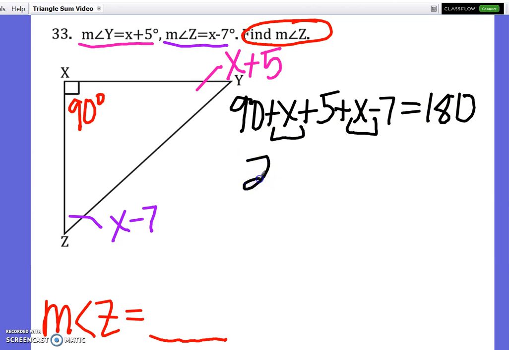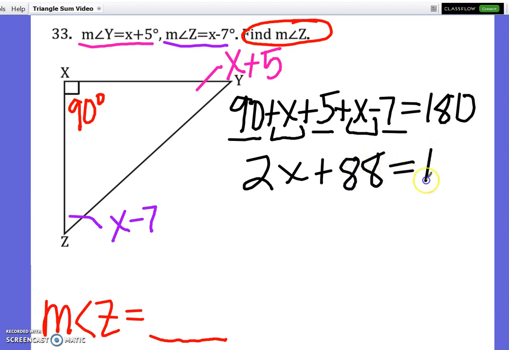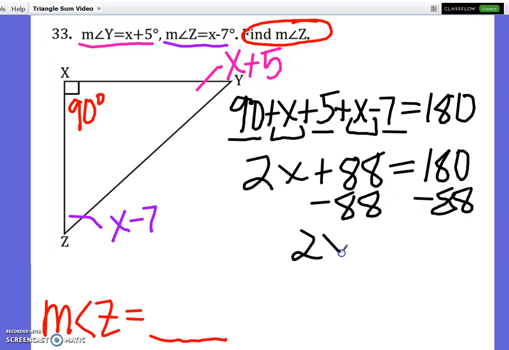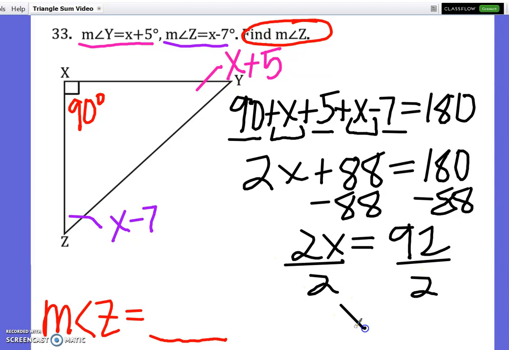X plus x, well, that's 2 x's. 90 plus 5 minus 7, well, that's 95 minus 7. That's 88 is equal to 180. Subtract 88 from both sides. 2x is equal to 180 minus 88, which is 92. Divide both sides by 2, and x is equal to 46.